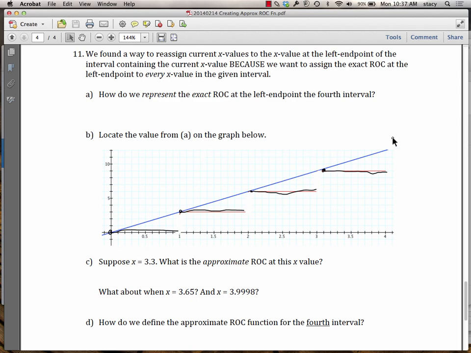Let's say that this is r of x for now. And this is going to be our approximate rate of change function, which we'll call step of x. So how do I represent the exact rate of change? David Q?